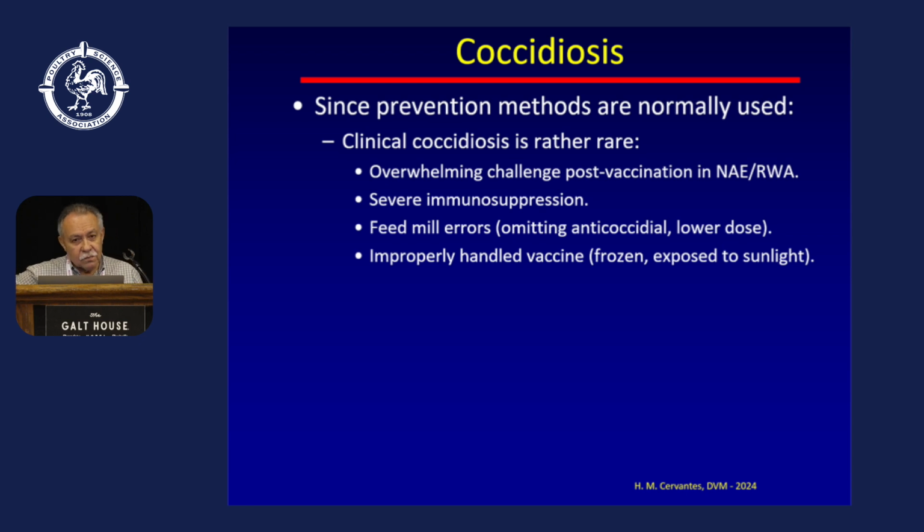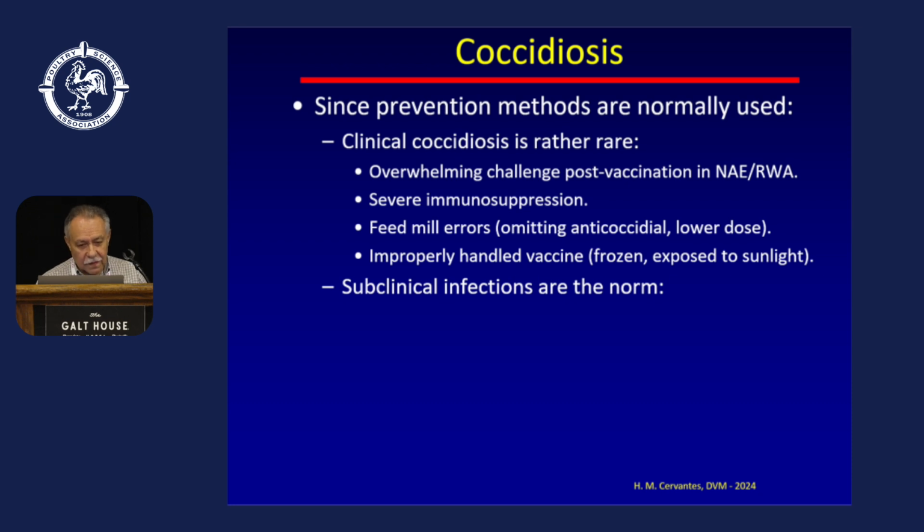We can have problems if there is severe immunosuppression or feed mill errors, such as leaving the anticoccidial drug out or feeding it at lower dosages. And of course, if we improperly handle vaccines and allow them to freeze or expose them to direct sunlight, we could have cocci problems down the road.